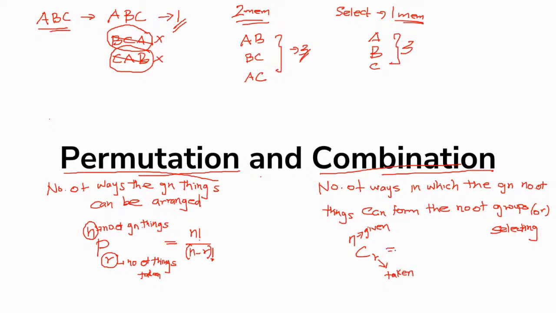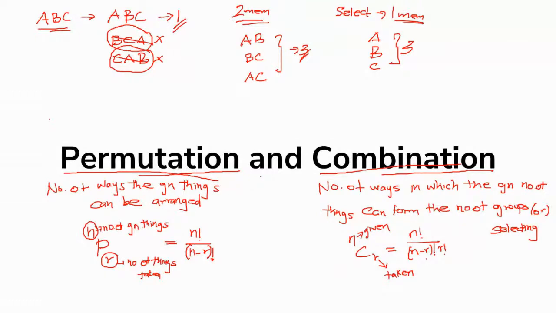The formula is nCr equal to n factorial divided by (n minus r) factorial into r factorial. Hope you guys are getting this.